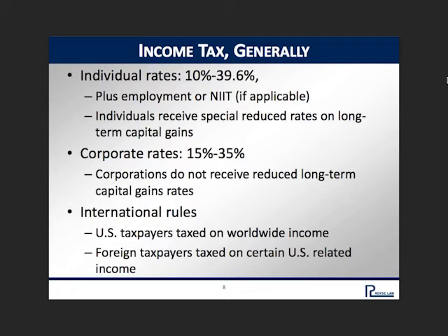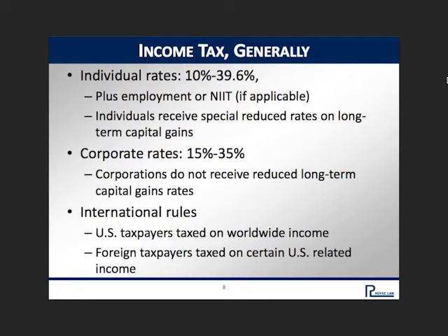There are reduced rates on long-term capital gains that, if you're a U.S. resident, probably put you at about a 25% net rate, taking into account the net investment income tax. Corporate rates, U.S. federal, again range between 15 and 35%. There is no rate differential for long-term capital gains for corporations. They pay at a constant rate.